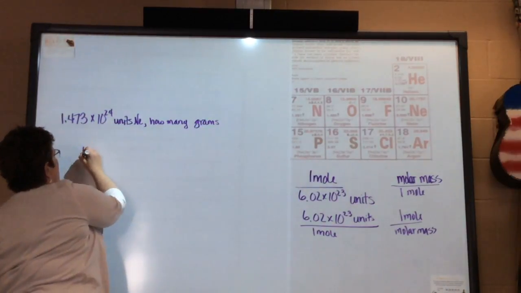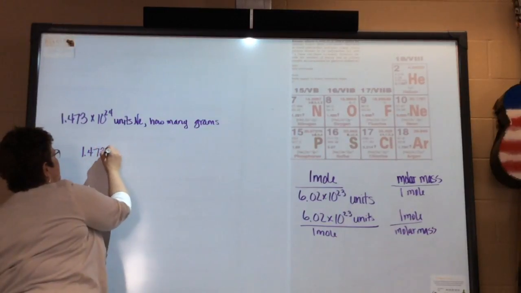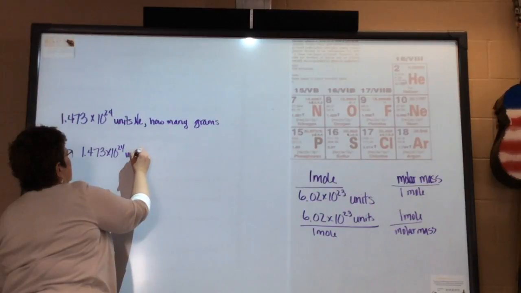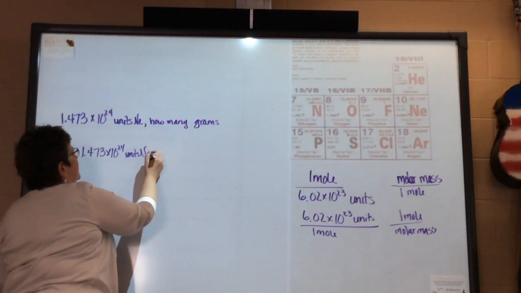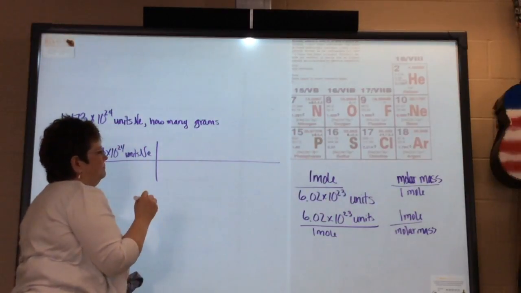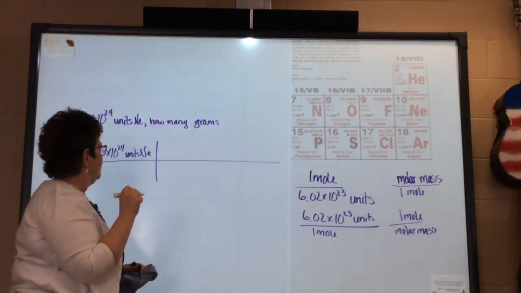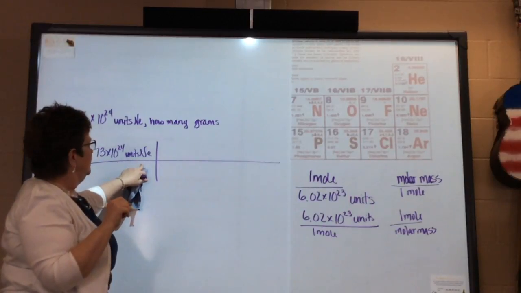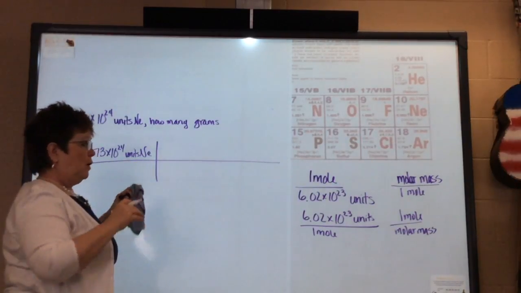I set up my original problem as 1.473 times 10 to the 24th units of neon. Again, labeling is important. Can you get by without labeling? No. Because this number is in my numerator, it has units of neon, it has a large number, it tells particles.